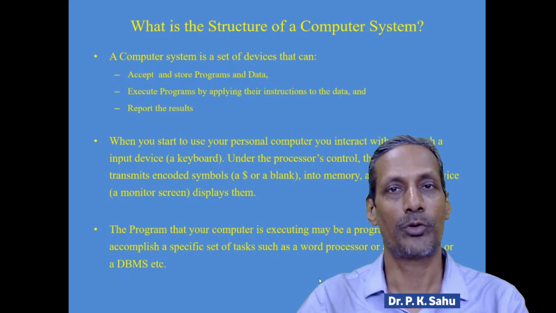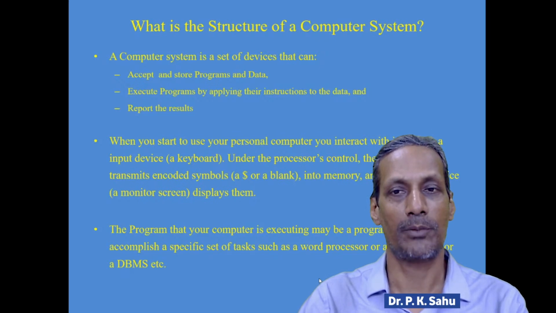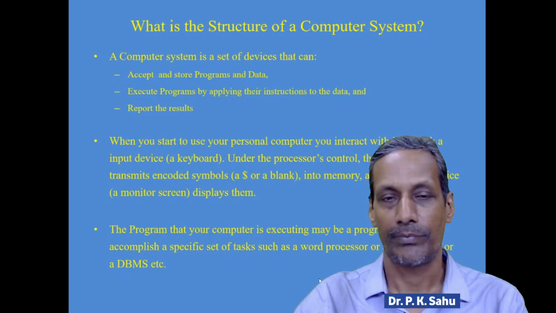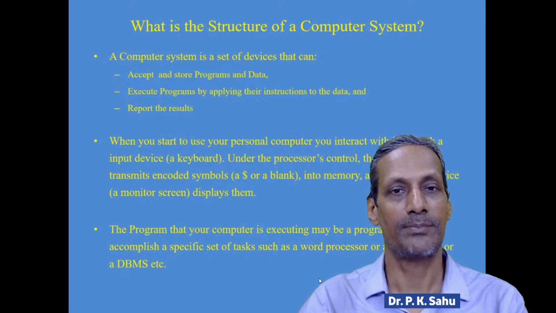It can execute programs by applying their instructions to the data and report the results. When we start to use our personal computer, we can interact with it through an input device, a keyboard. Under the processor's control, the input device transmits encoded symbols into memory and the output device displays them.